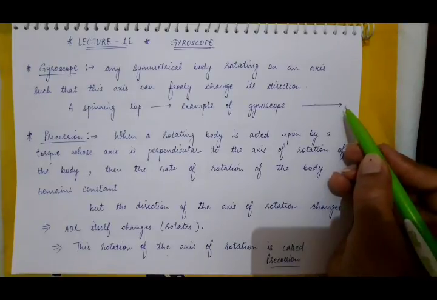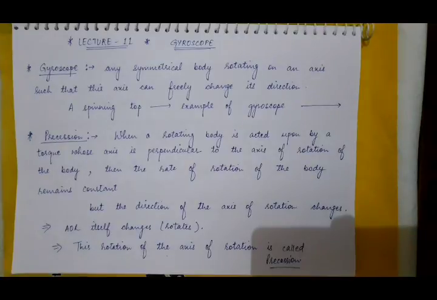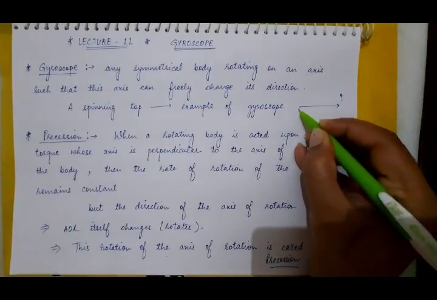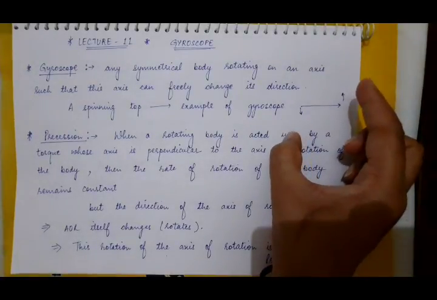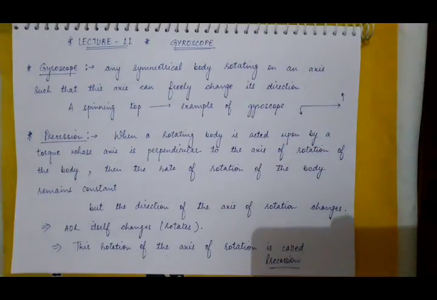It means that the body will rotate in this way. Now, if you apply torque on the axis of rotation in this way, you are applying torque in the direction perpendicular to the axis of rotation.